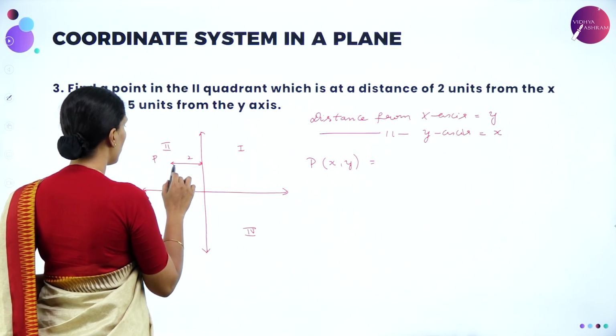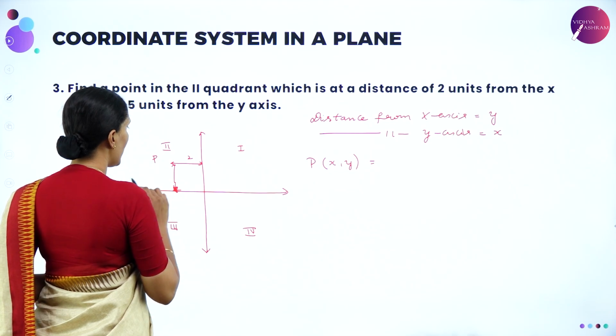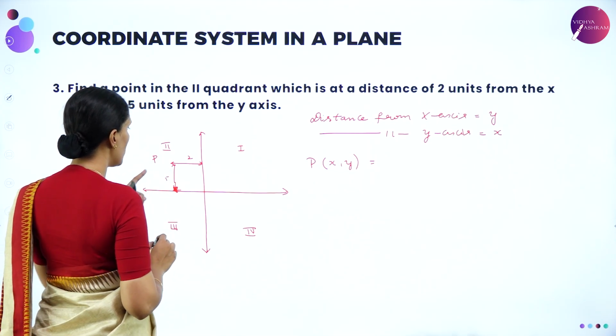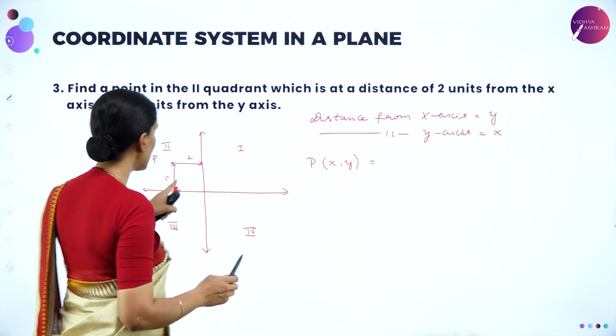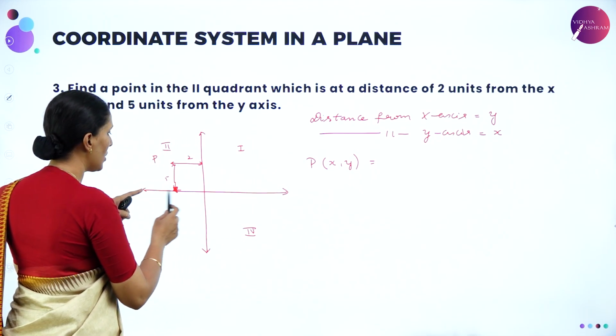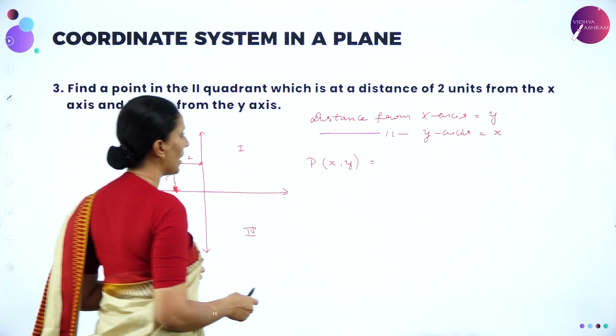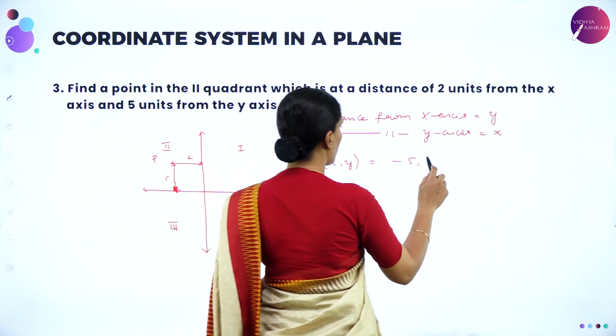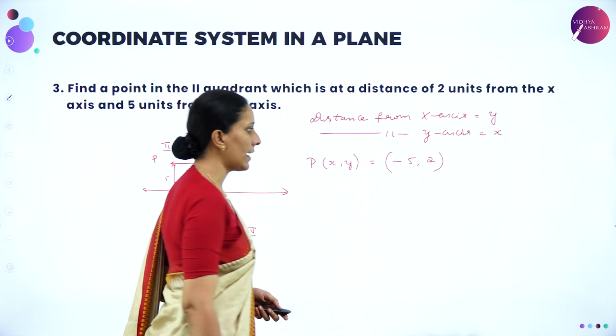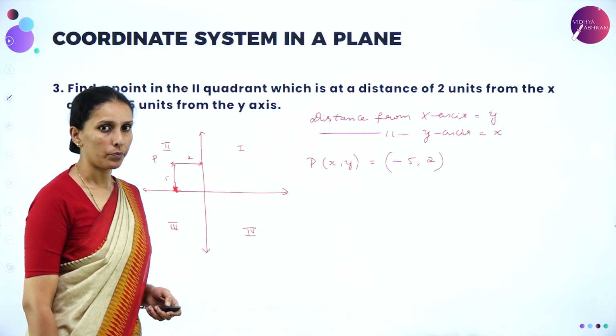So this point can be written in the form, since in the second quadrant we have negative values of x, x value is minus 5 and y value is 2. So therefore, the point is (minus 5, 2).